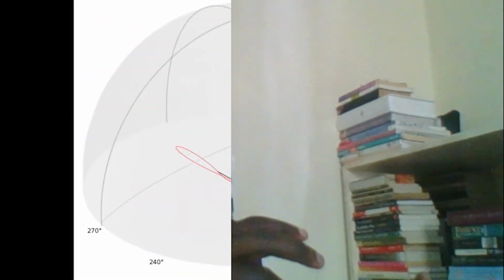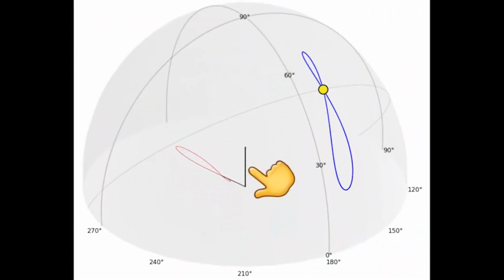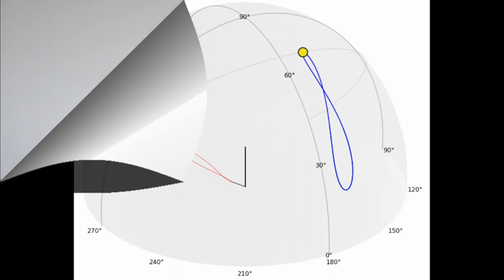Go outside, put a stick on the ground. Now, mark the position of the end of the shadow that the stick makes. Do this every single day at the same time for a period of 1 year. Now, what will you notice?